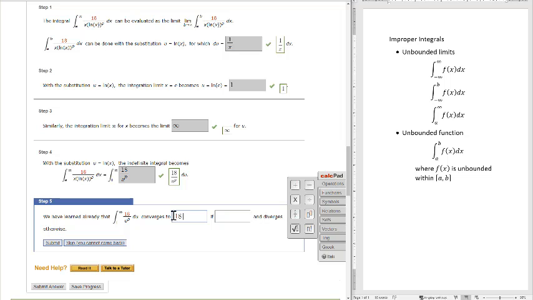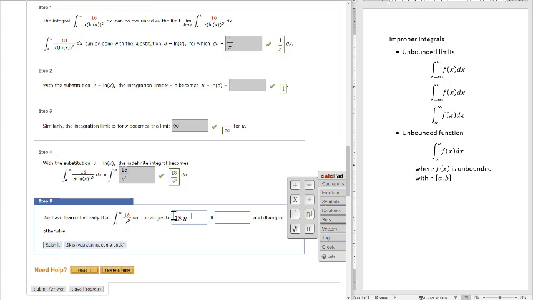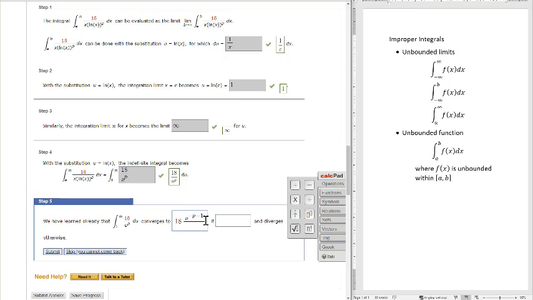This is going to be u raised to the, actually negative p plus 1, and then we divide by negative p plus 1. And then we put 1 and b in.